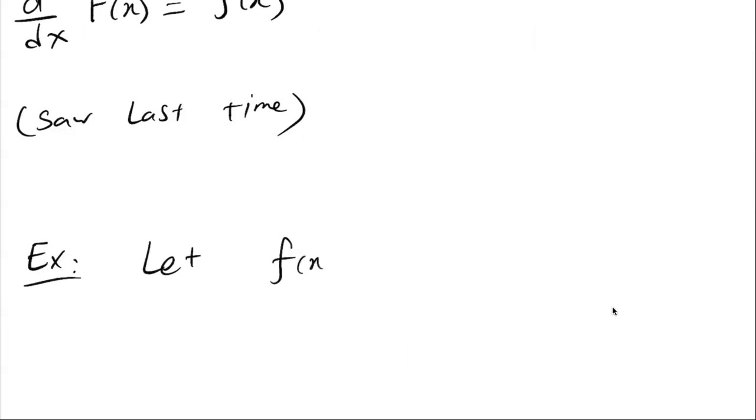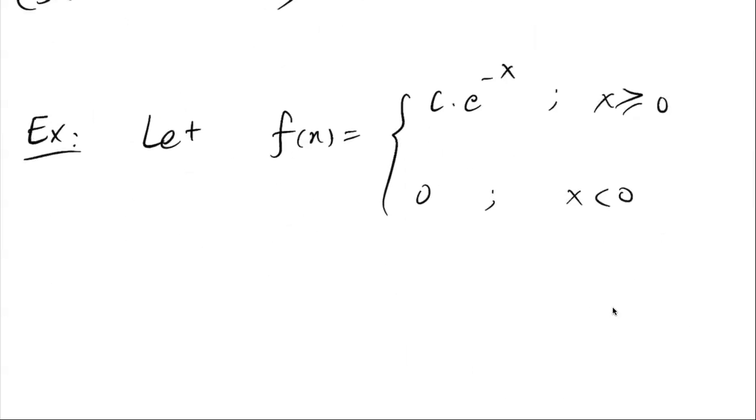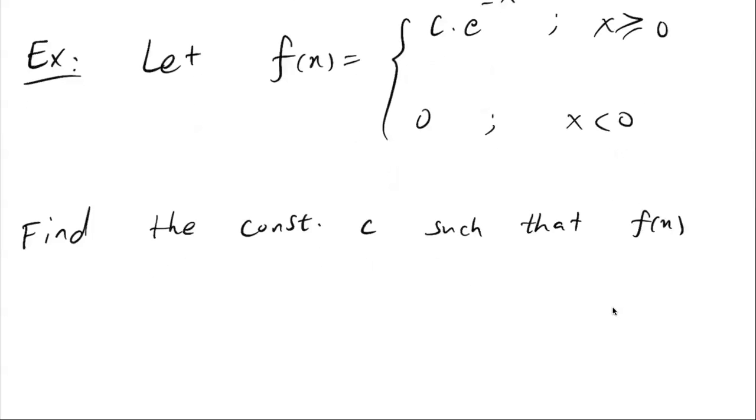Let f of x equal c e to the power minus x for x bigger than or equal to 0, and 0 for x less than 0. Find the constant c such that the f of x above becomes a PDF of a random variable.